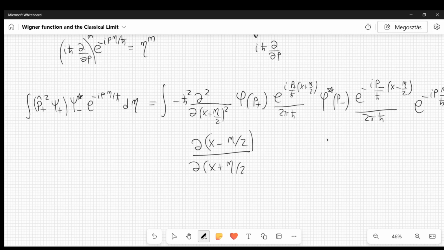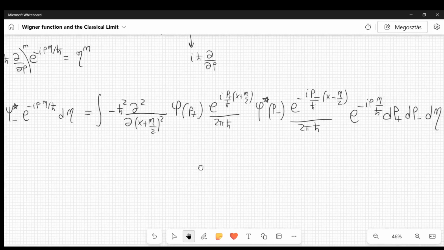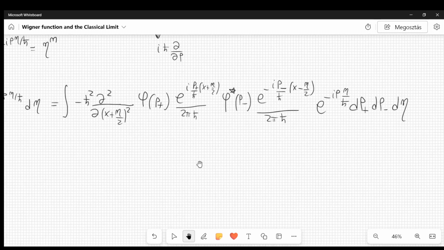Let me cancel this because I don't want to overwrite too many formulas. I want to keep this area quite clean because I want to show you a few things without rewriting the overall expression for just one step.